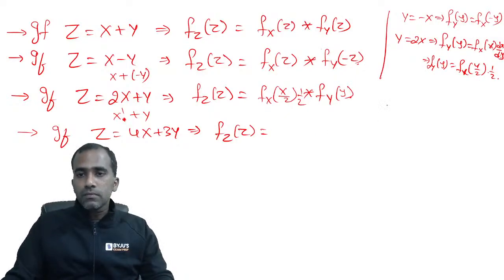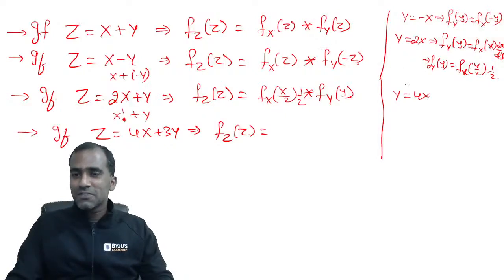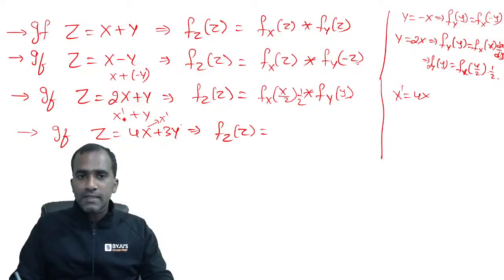See, these relations are not the same, okay? Just for example I'm taking. If the relation is 4x, instead of x dash we are having 4x. I'll take it like that only. X dash is 4x. This I'm looking at as x dash, and this I'm looking at as y dash. X dash is 4x. Now I'm talking about the PDF of x dash.